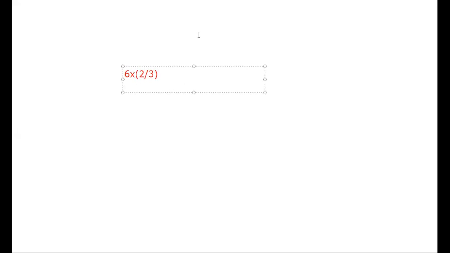So my rule is, the rule to multiply a fraction by a whole number.